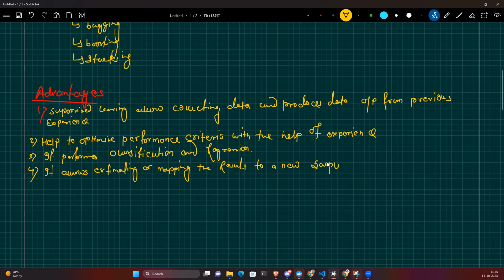Okay. So far we have not learned anything new. These are the things we learned already when we were discussing supervised machine learning.